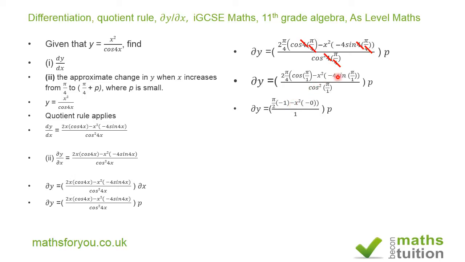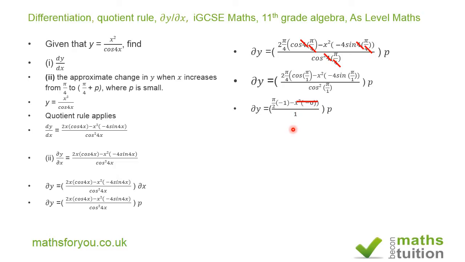Then we've got minus x squared there. Sine pi is 0. Now, cos pi is minus 1, so cos squared pi will be minus 1 times minus 1, which is plus 1 there.